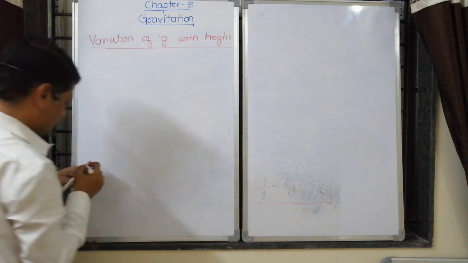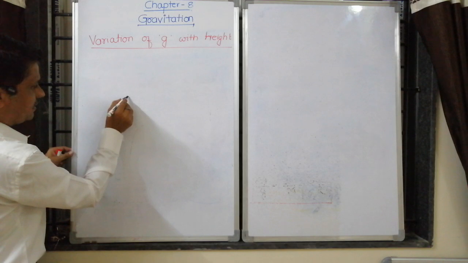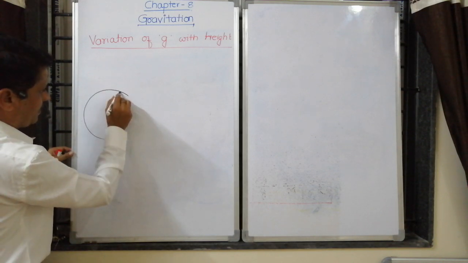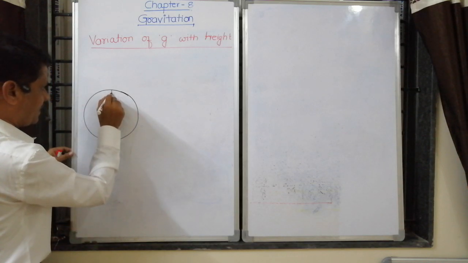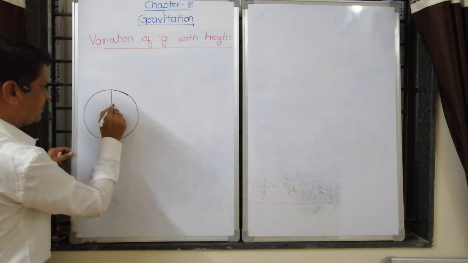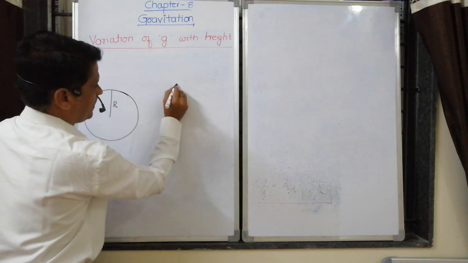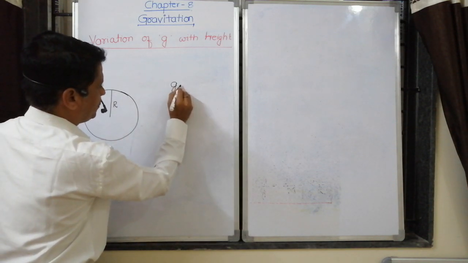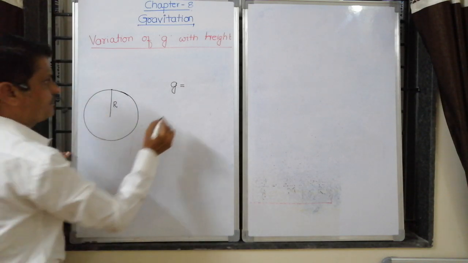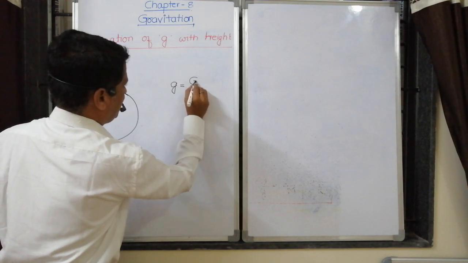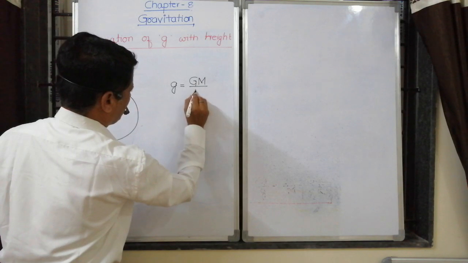See here, consider it's our earth or any planet of mass m and radius r. In last hour we derived acceleration due to gravity on the surface of the earth is capital G capital M by r square.